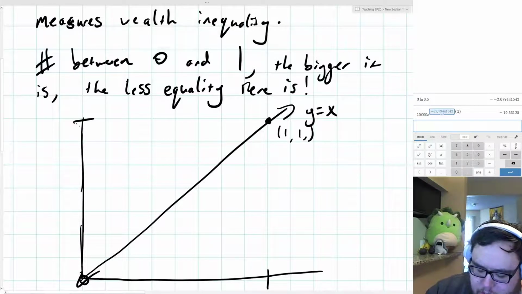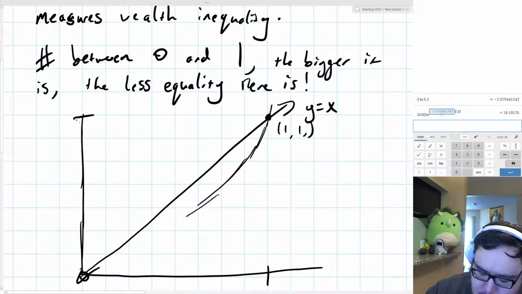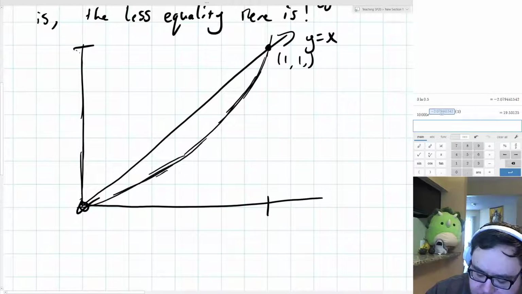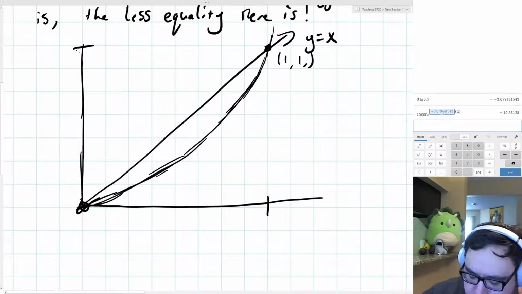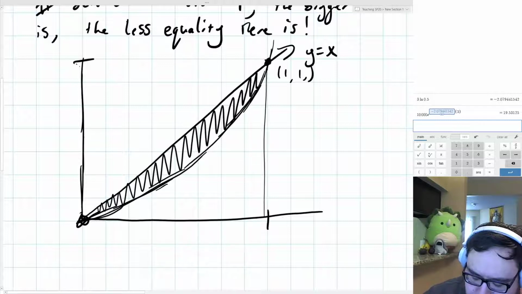Then you build something called a Pareto curve, a logarithmically calculated curve anyways, that passes through the points (0, 0) and (1, 1). The Gini index is the area between the two curves, multiplied by 2.